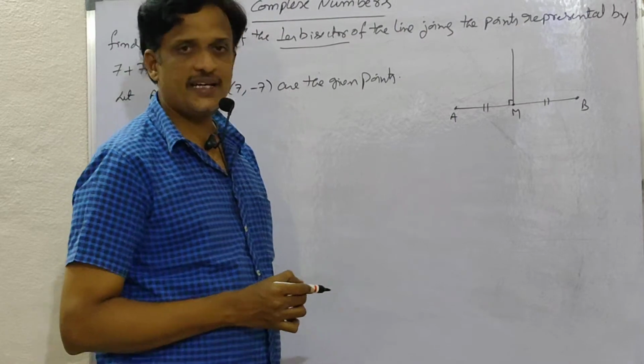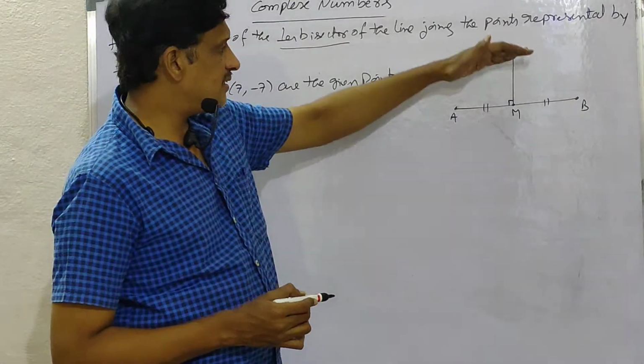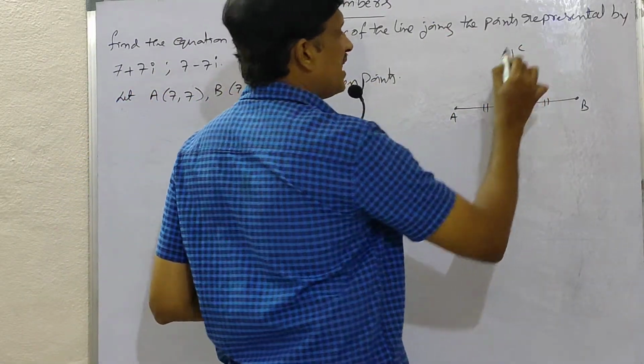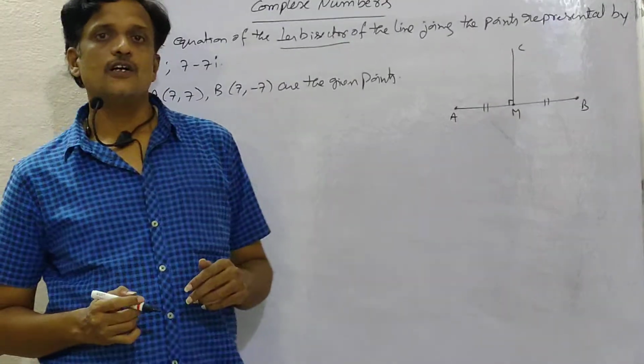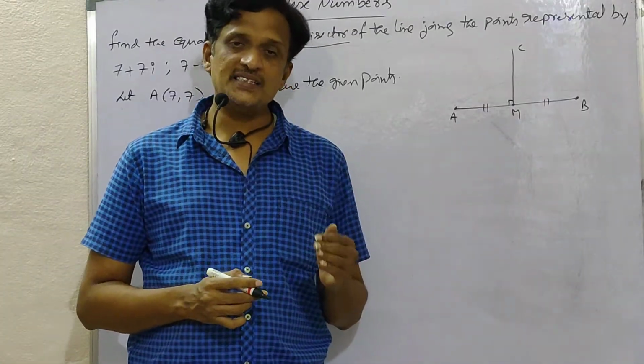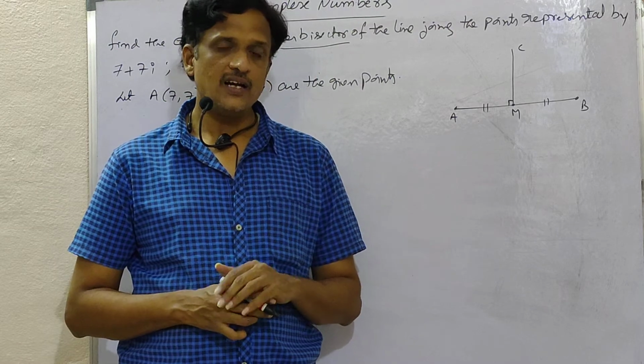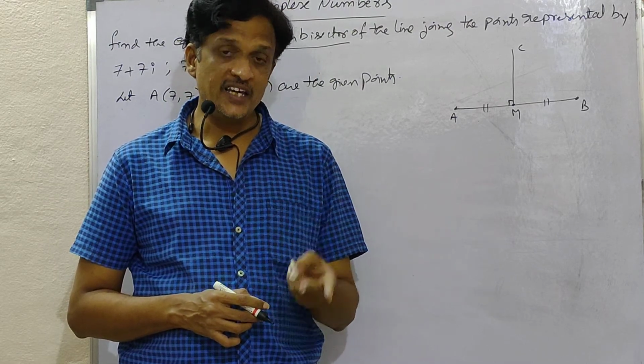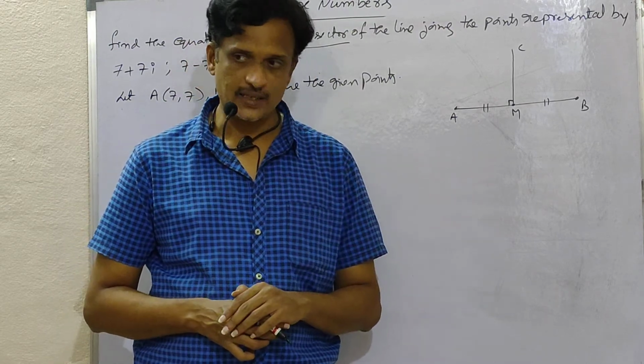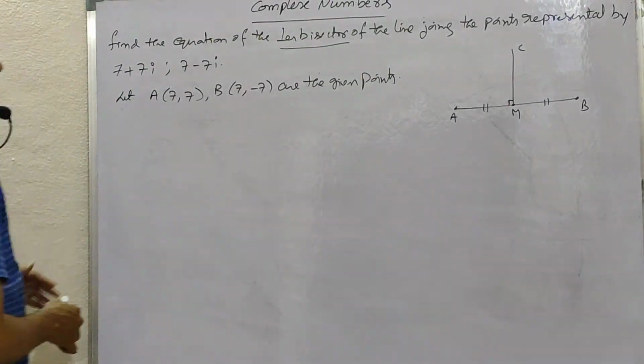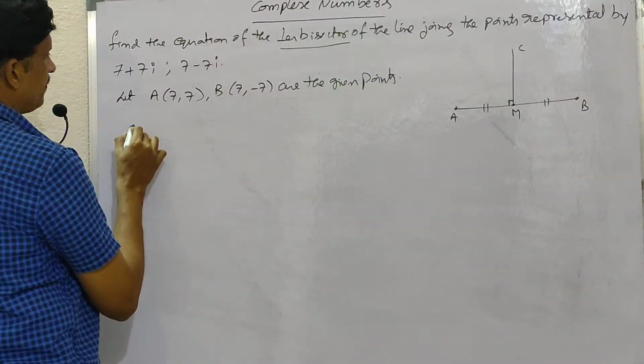Then first calculate M. Now AB and this one, suppose it is C, AB and CM are perpendicular to each other. So we know that two straight lines are parallel if their slopes are equal and two straight lines are perpendicular if the product of their slopes is minus 1. So here, first calculate the midpoint of AB.